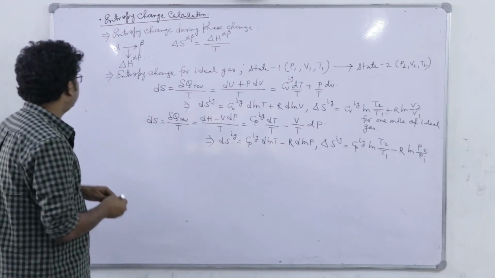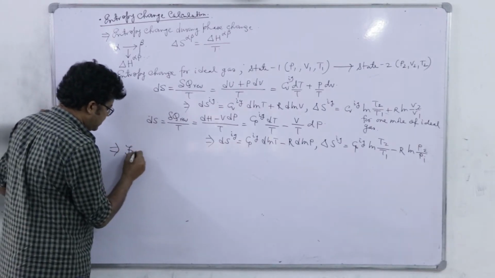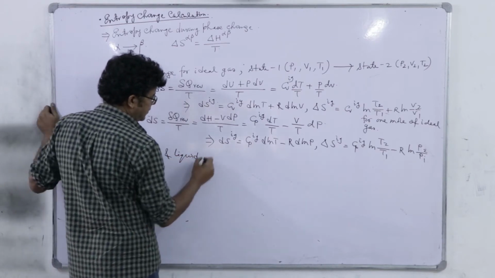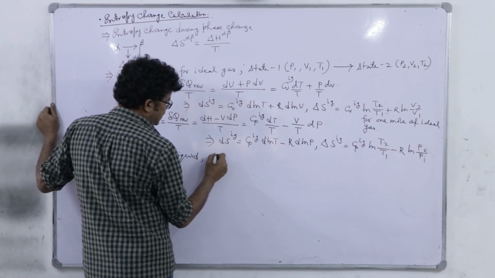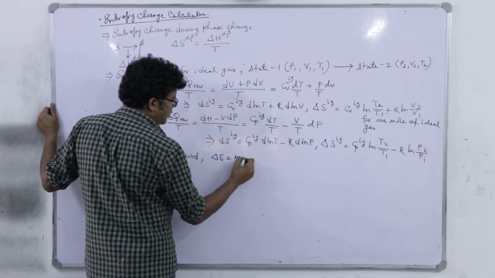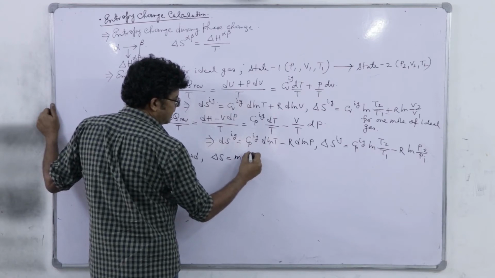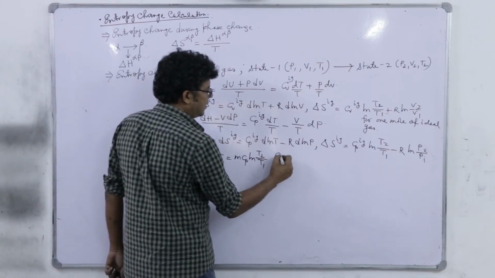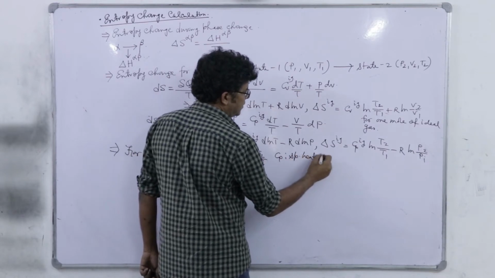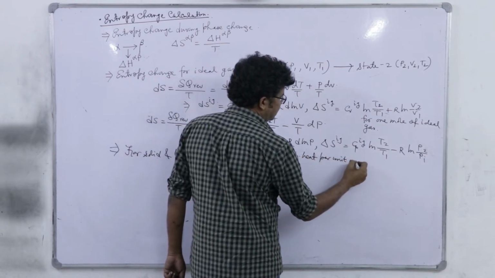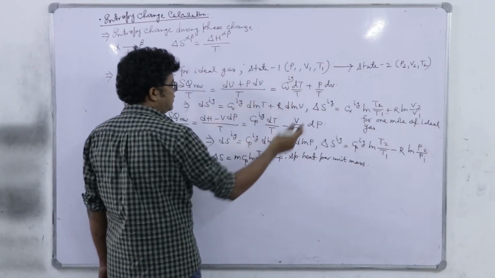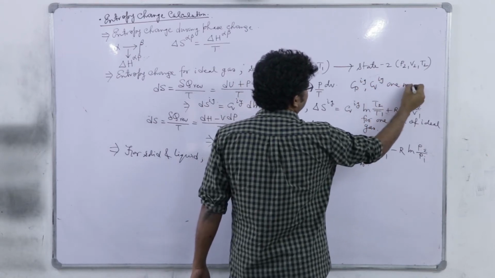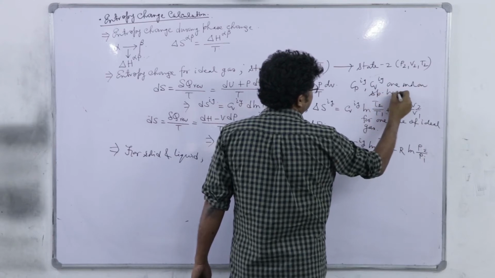Now, for solid and liquid, delta S becomes m Cp ln T2 by T1, right, where Cp here is the specific heat per unit mass, and these Cv ig, Cp ig are molar specific heats.